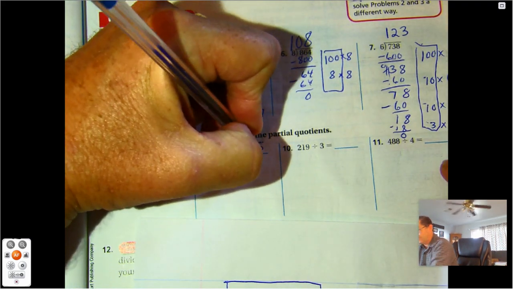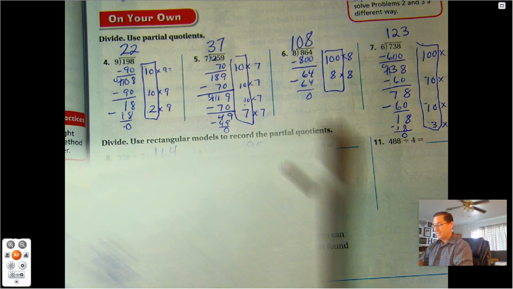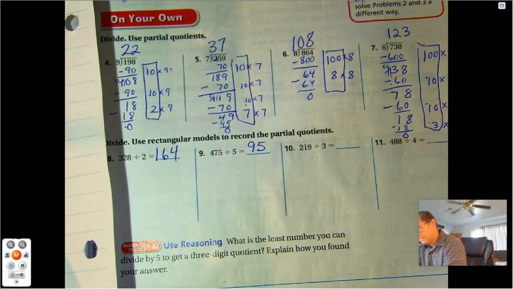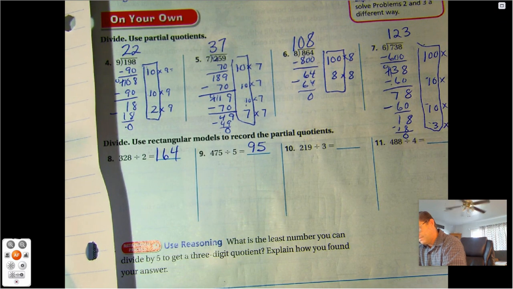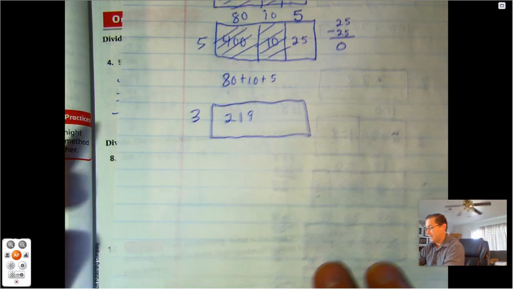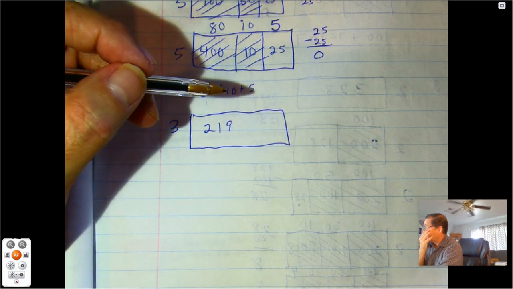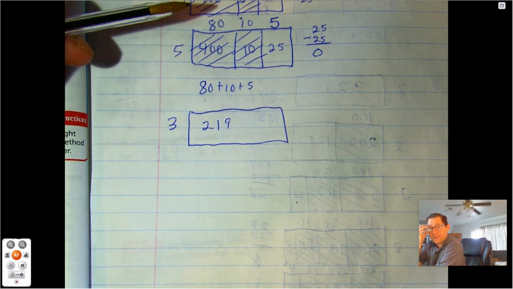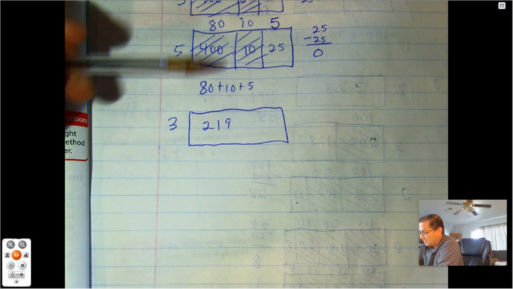Number 10, 219 divided by 3. So it can't be 100, because 100 times 3 would be 300. I'm going to start with 50.